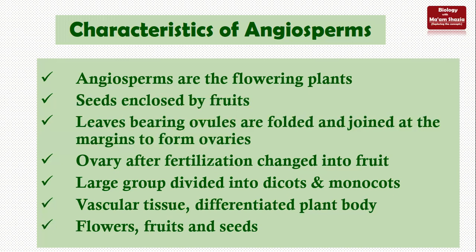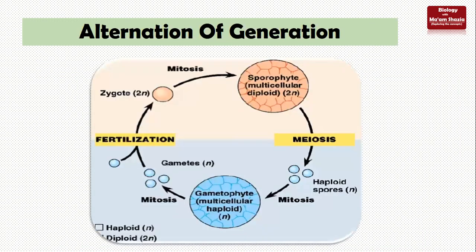If you take an example of a fruit tree, there is alternation of generations, a very important feature of all plants, right? You all know that there is an alternation of generations in plants.